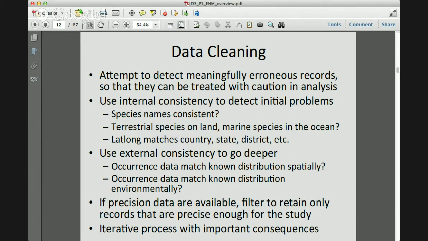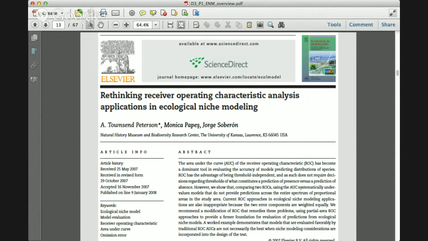But also we can use steps of external consistency, like do the occurrence data match the known distribution of the species spatially? I could go into a lot more detail on this, and indeed we have a whole course on data cleaning, so I recommend that to you. And I'm going to move on in the interest of giving you a full view of this overall field.